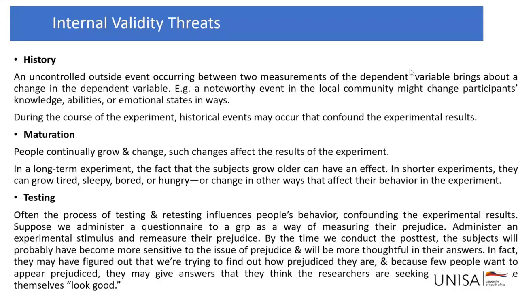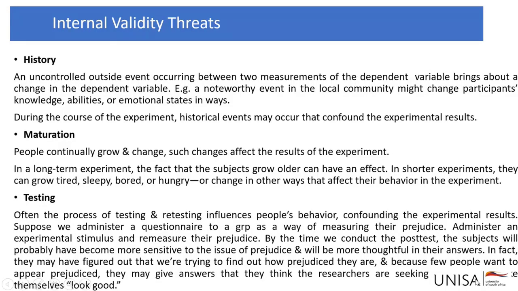In fact, you may have figured out that we're trying to find out how prejudiced you are, and because few people want to appear prejudiced, you may give answers that you think we are seeking. And of course, they will make you look good.